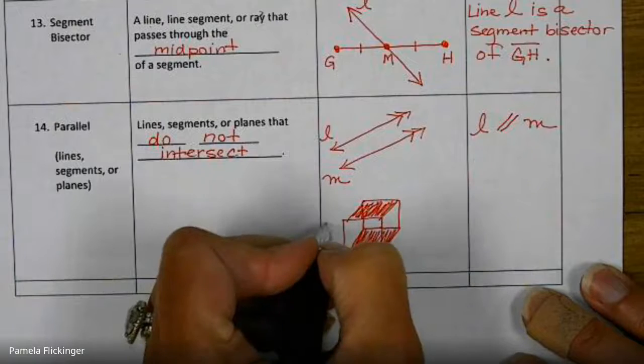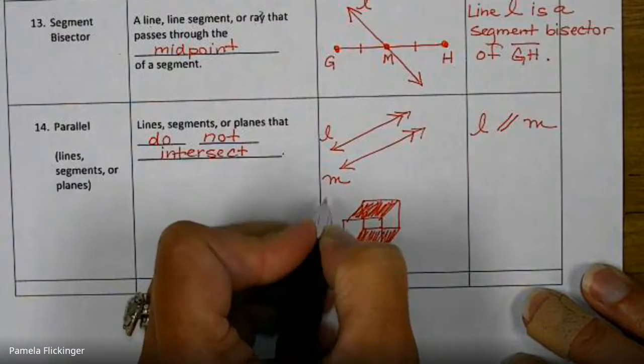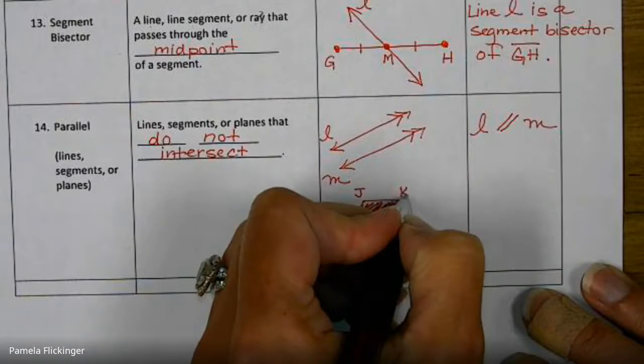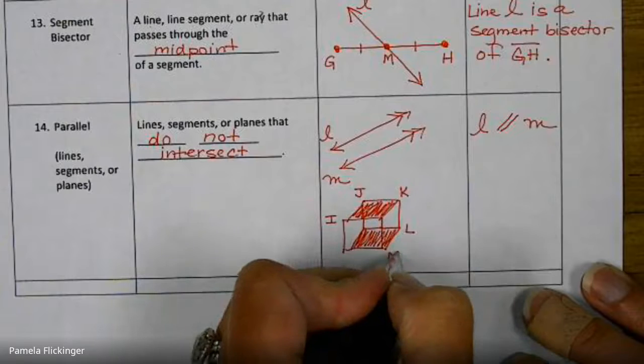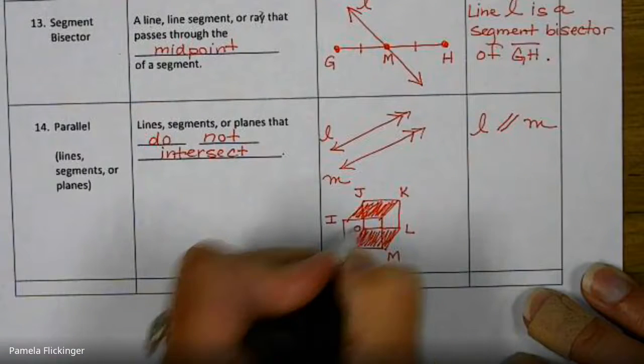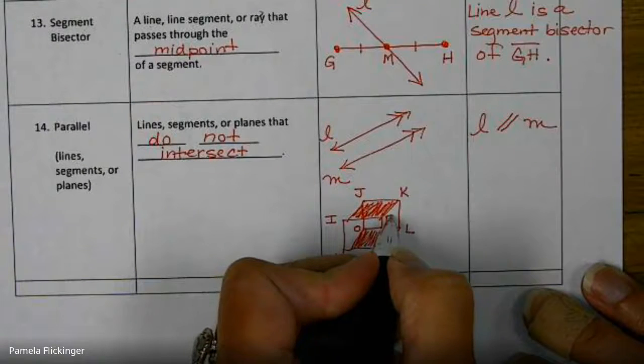All right, and let's label. Let's see, where do we leave off up there? Let's use I, J, K, L, M, N. And then we'll put O back here in the corner and P right here.